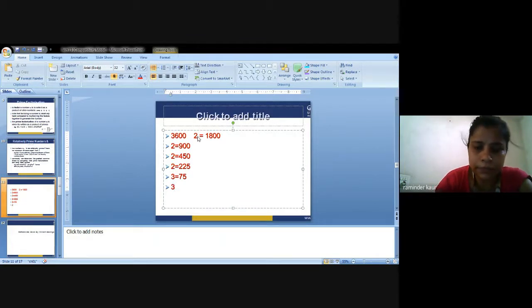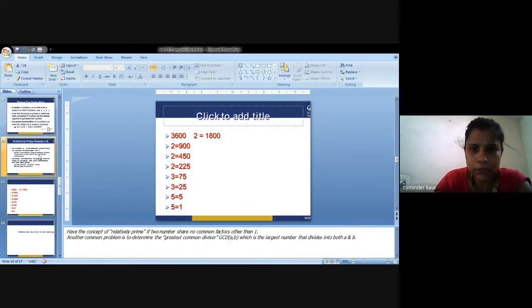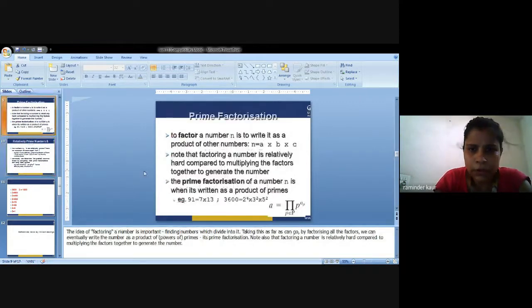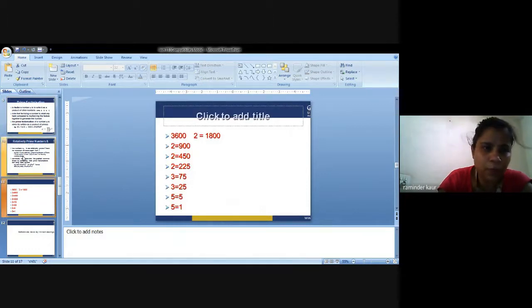Again 3, which generates 25. Then 5, which generates 5. Then 5, which generates 1. So what will be my answer? 2 raised to power 4, 3 raised to power 2, 5 raised to power 2.